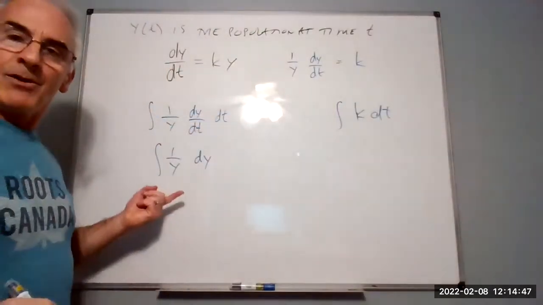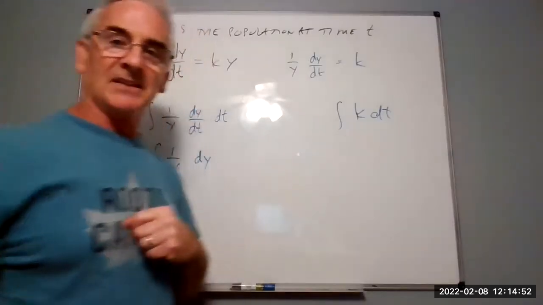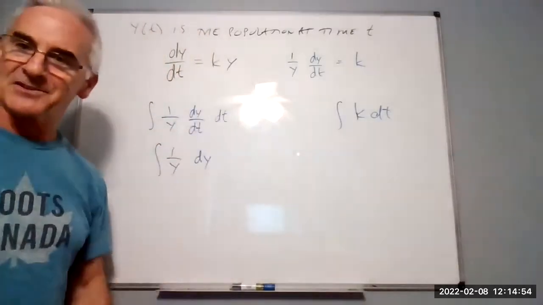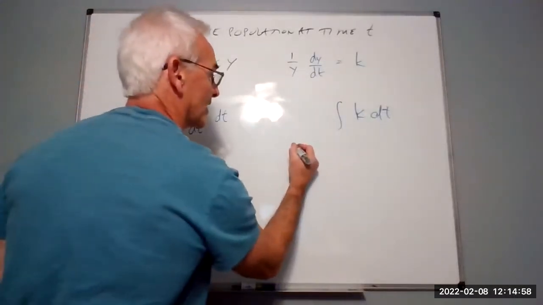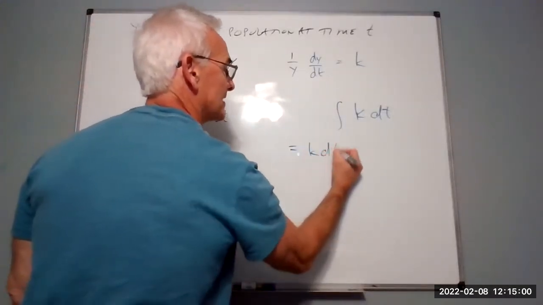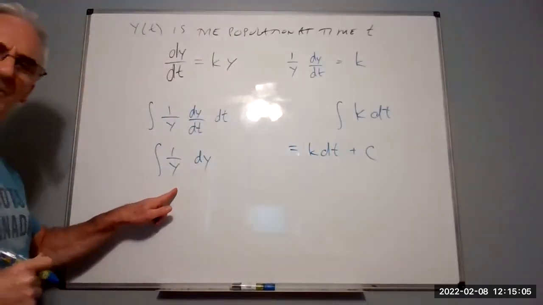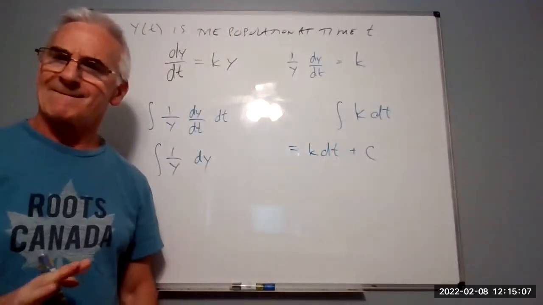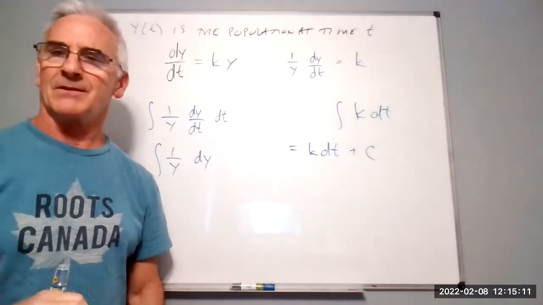Now, my left side is 1 over y dy. My right side is k dt. Well, that one's easy. k is a constant. So what's the right side going to be? The right side is going to be just kt plus a constant. Agreed? What's the integral of 1 over y dy? We know that one.